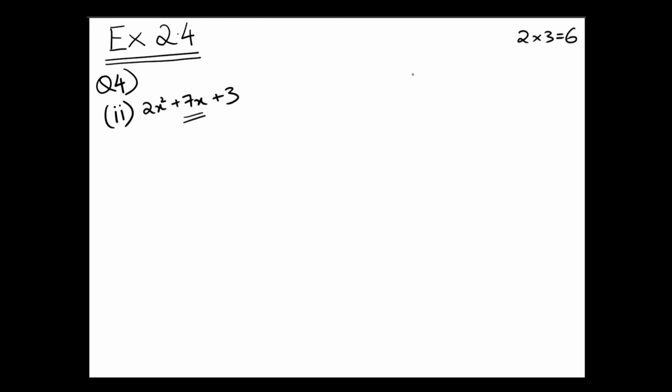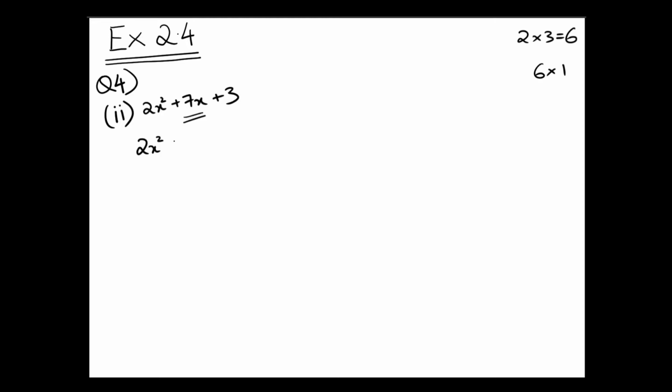Now, what two terms can we take that will multiply to get 6 but will add up to get 7? The two numbers in this case would be 6 and 1.